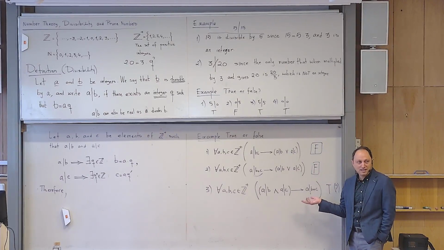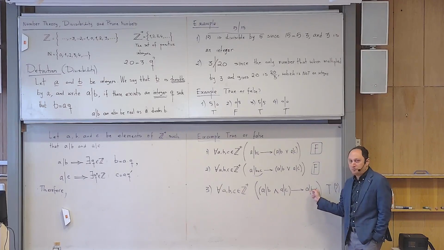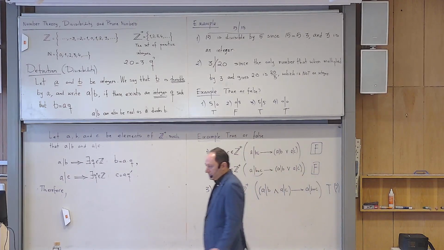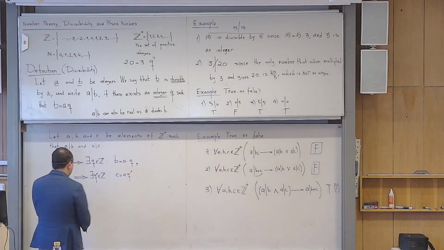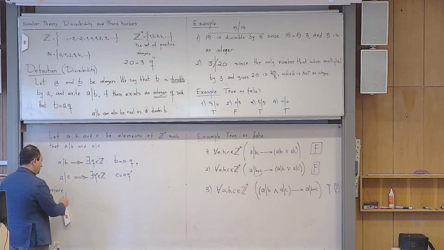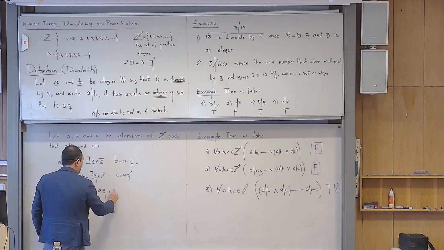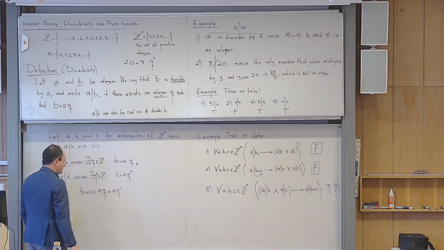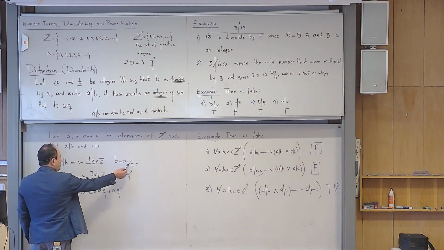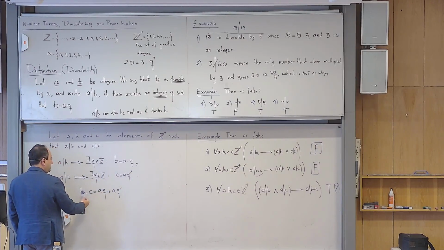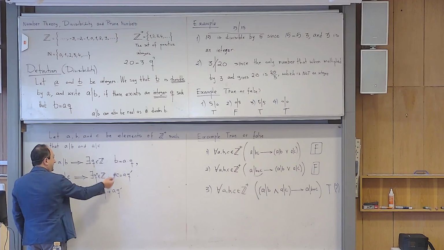Yes, isn't it natural? Because I want to say something about B plus C, so I have to have something about B plus C. Therefore, B plus C is equal to AQ plus AQ prime. Agree or not? Because I know that B is equal to this number, I know that C is equal to this number, I want to say something about B plus C. I start adding the left-hand sides.